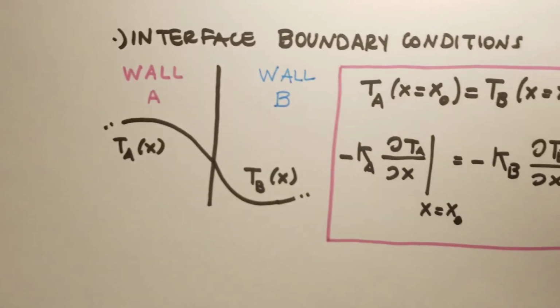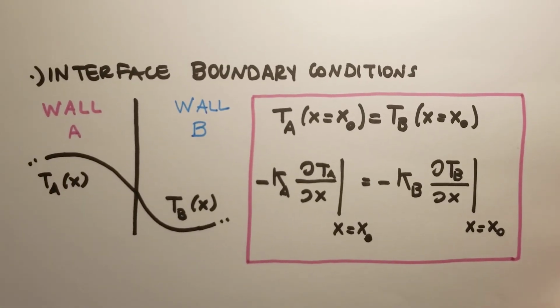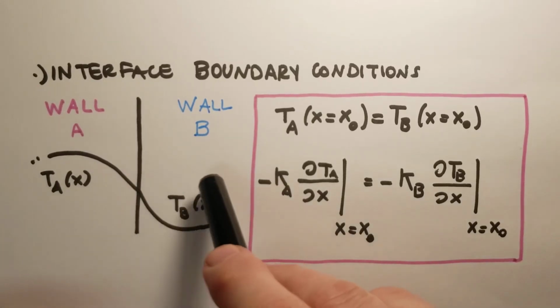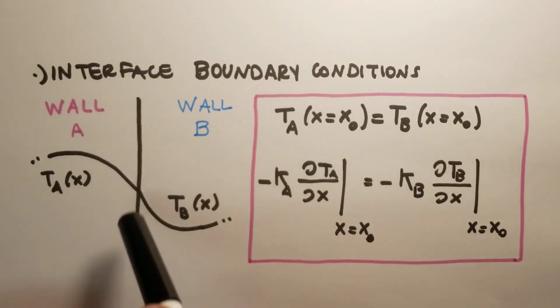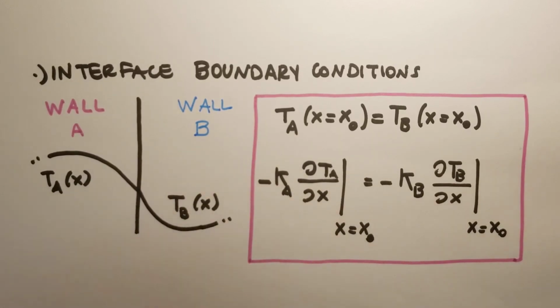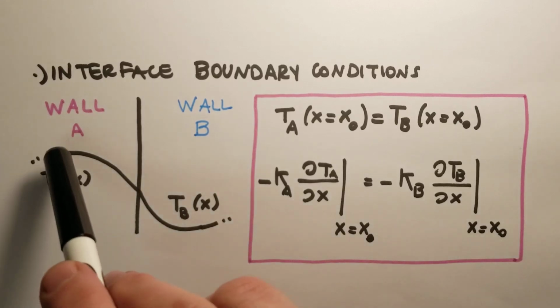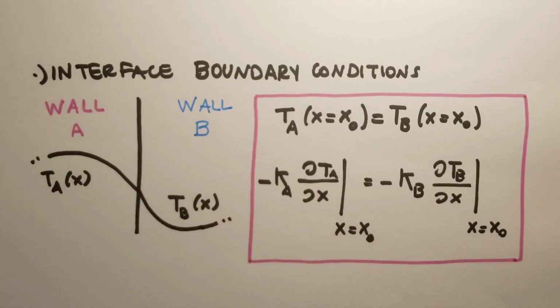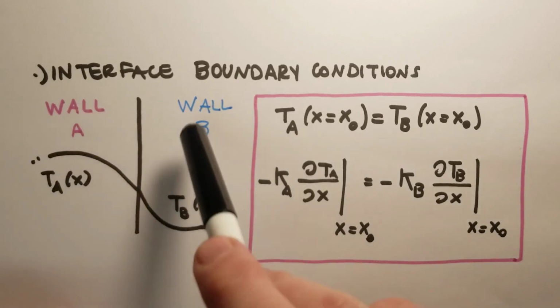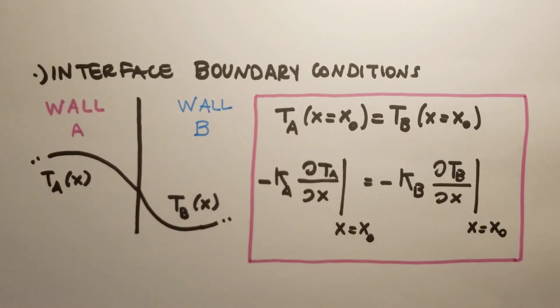And the last case we study today is the case of the interface boundary condition. Let's say that we have now two flat walls. They are completely touching each other, so there are no gaps in between. Wall A and wall B have two different thermal conductivities, k_A and k_B, and we want to find the temperature distribution T_A of wall A and T_B of wall B. What are the boundary conditions at the interface?